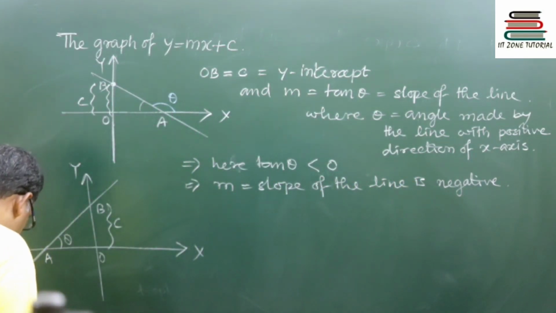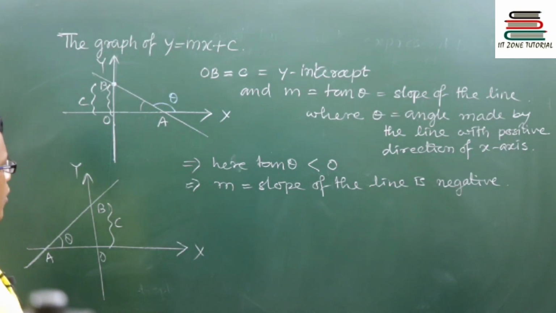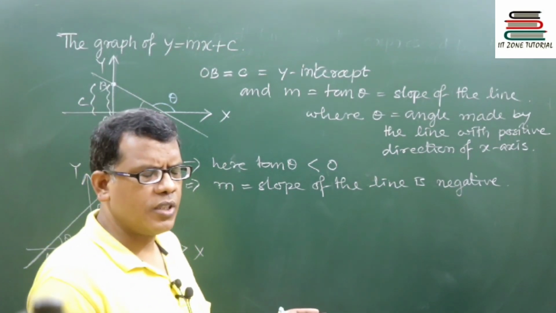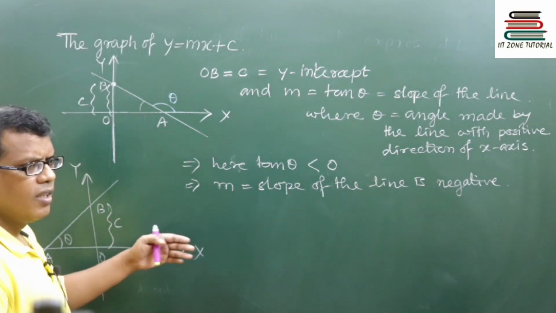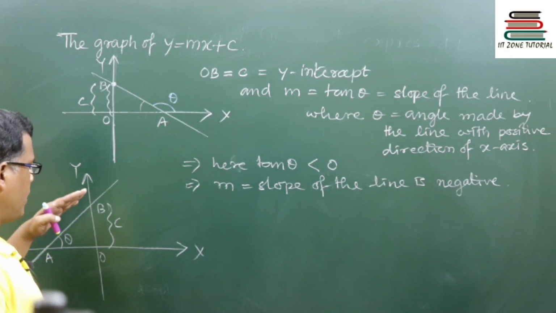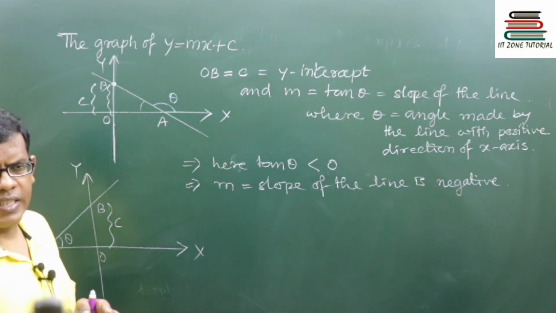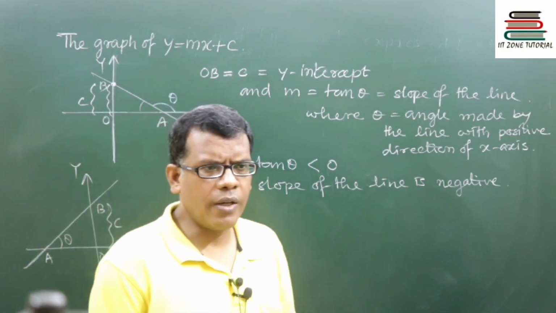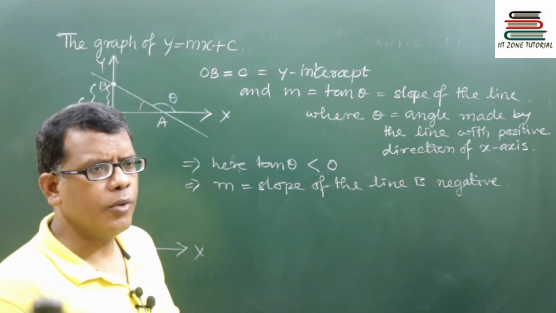For the slope to be positive, it is important that the angle made by the line with the positive x direction of the axis must be less than 90, that is, an acute angle. Is it okay? Are you getting it? Yeah, any doubt?